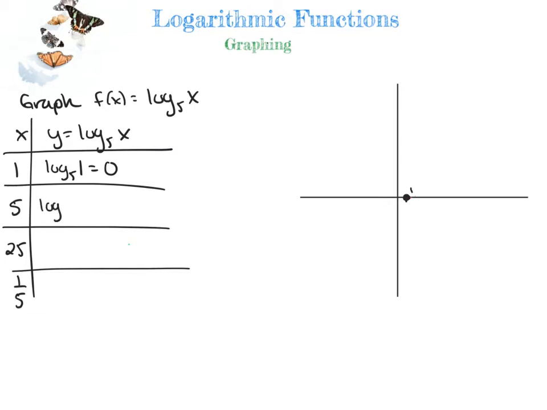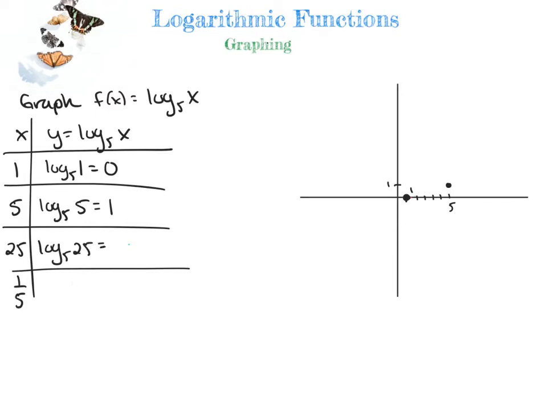Log base 5 of 5. What's the exponent we put on a 5 to keep it a 5? 5 to the 1. So when x is 5, y is 1. Log base 5 of 25.